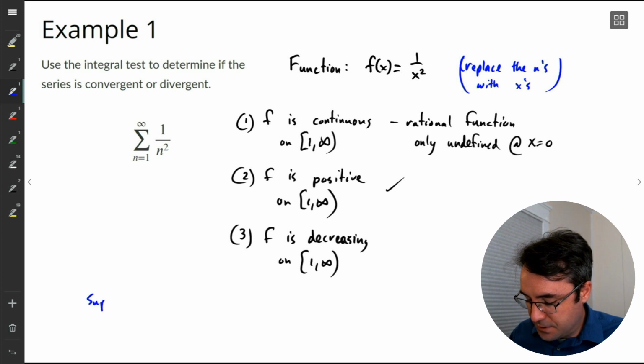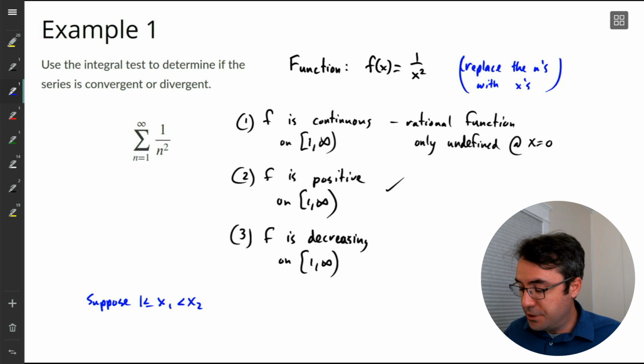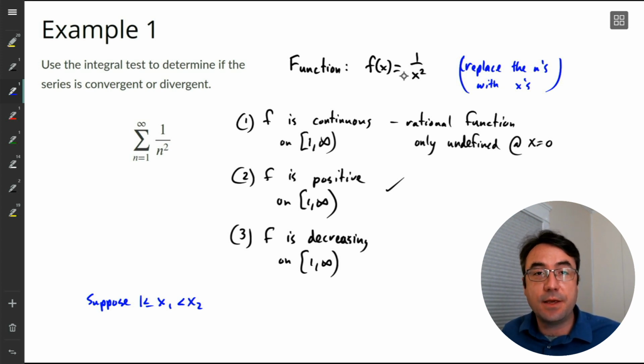Suppose we have 2 numbers, x1 and x2, and they're both bigger than or equal to 1, and x2 is larger than x1. What we're ultimately going to do is show that when we plug those values into the function, it reverses the inequality.